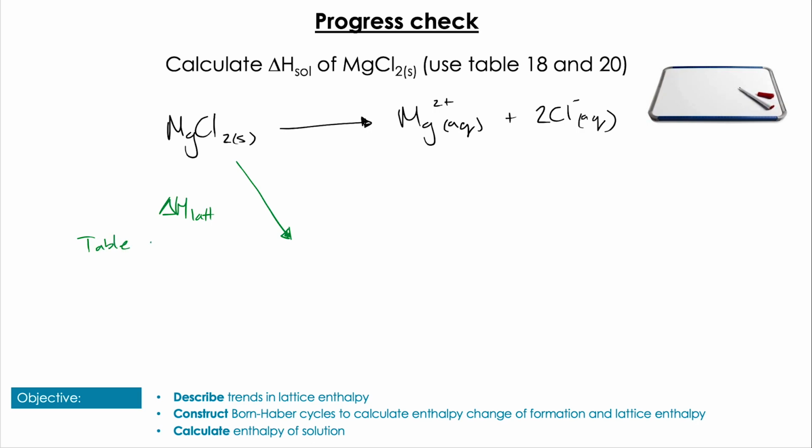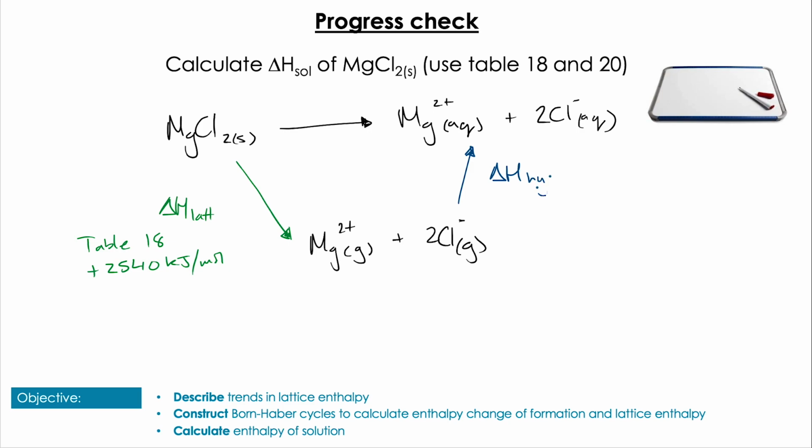So we can use table 18 to get the lattice enthalpy, which is plus 2540, which is going to leave us with magnesium 2 plus gas and 2 Cl minus gas. And then we have to account for the enthalpy of hydration values, which we can get from table 20. So we find that Mg2 plus is minus 1963 and Cl minus is minus 359.